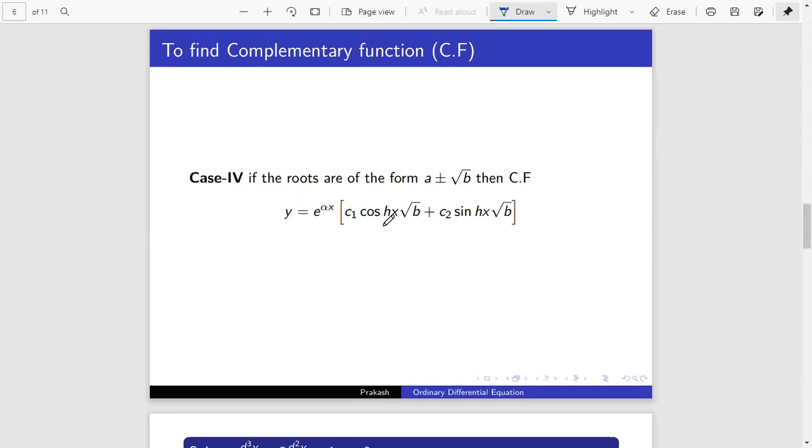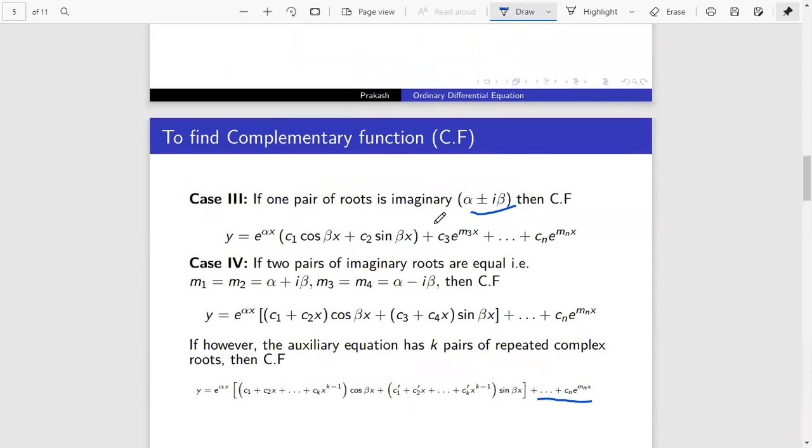In this case we have c1, c2, two constants, so this is a second order linear differential equation. One pair means it is also a second order linear differential equation, so only c1, c2. After that, in the nth order case, if n roots are different, then we can write the solution as usual.